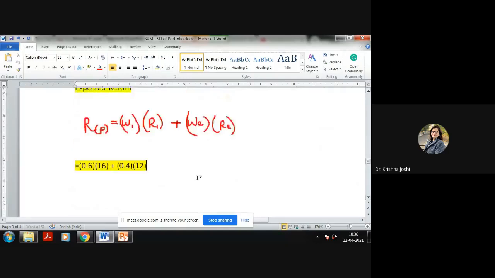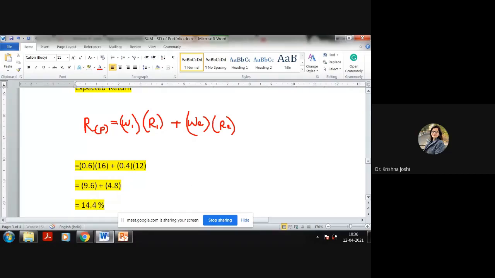Am I right? Please tell me the final answer. 14.4. So it is 9.6 plus 4.8, and the final answer is 14.4.